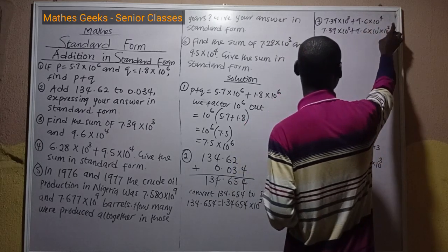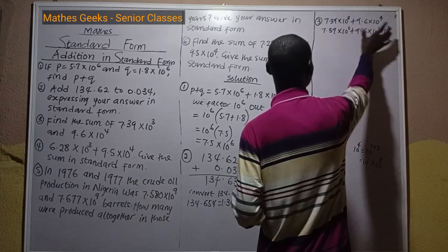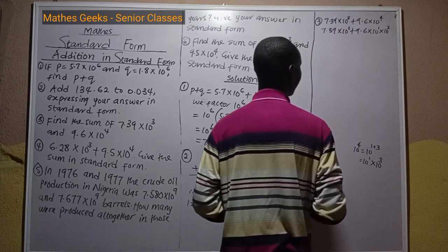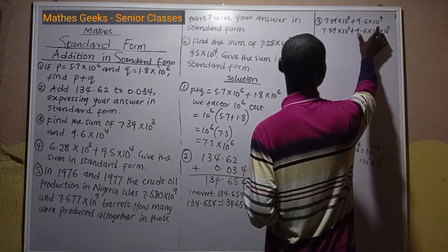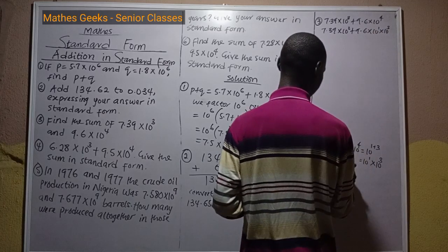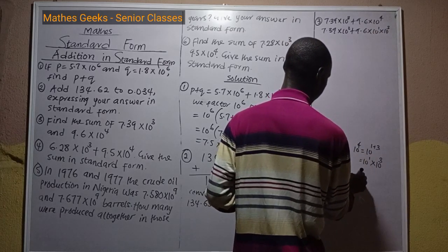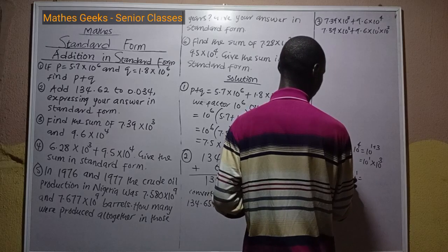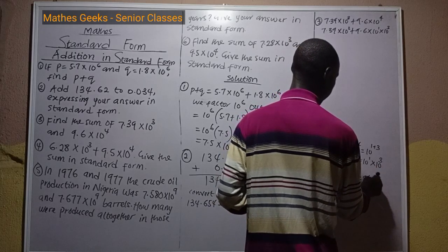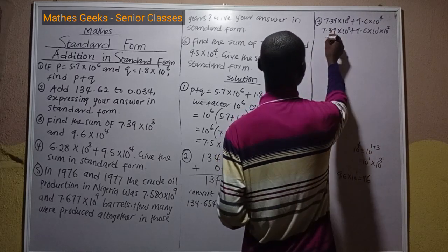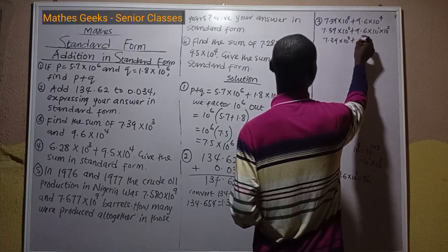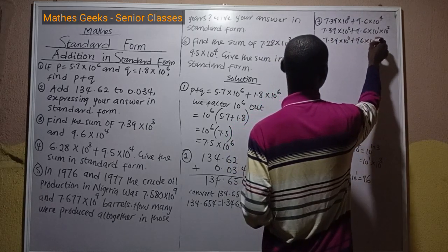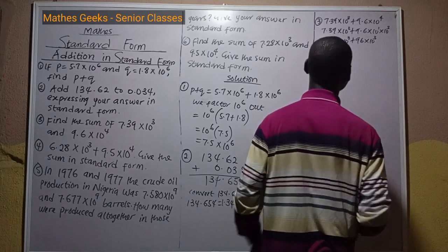Since I need to factor the power out since they are the same, I'm going to simplify this part first. So 9.6 times 10 raised to 1, move this decimal point 1 place forward, will give you 96. So 7.39 times 10 raised to the power 2 plus 96 times 10 raised to the power 2.